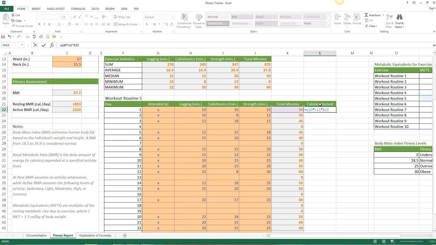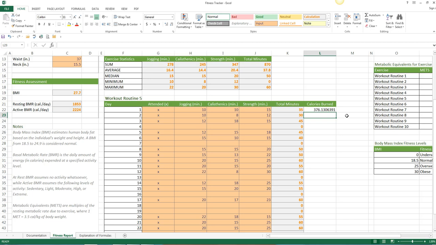Okay, and I'm going to stop and check them right now. P20 times C11 times K22 divided by 125.7143.